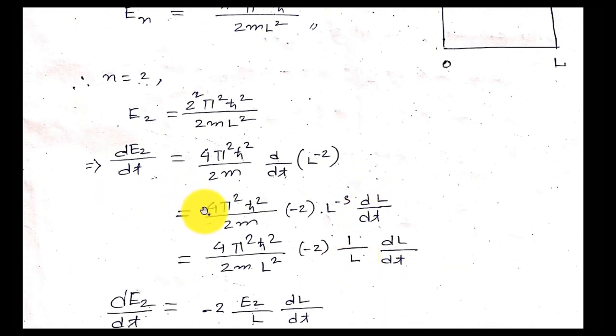So we get 4 pi squared h-bar squared by 2m times minus 2.